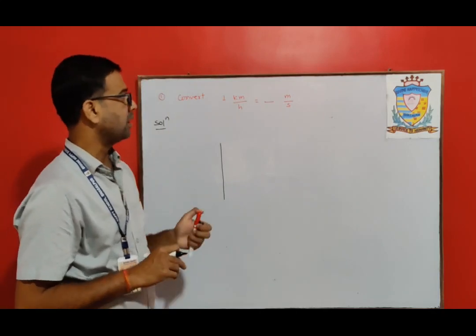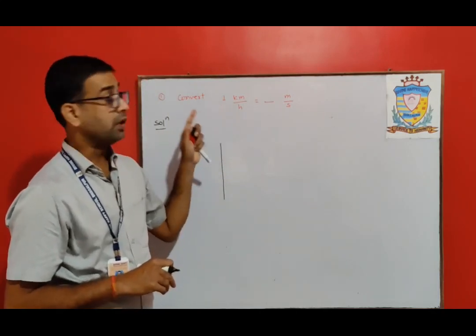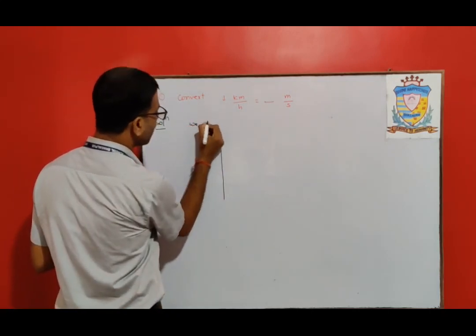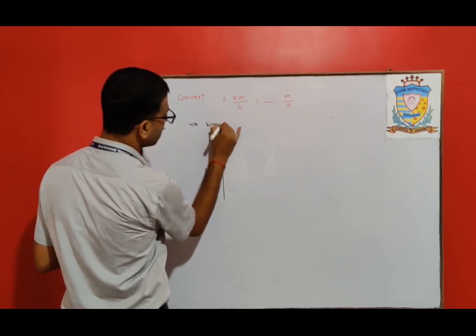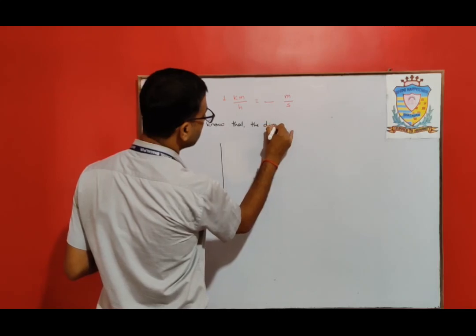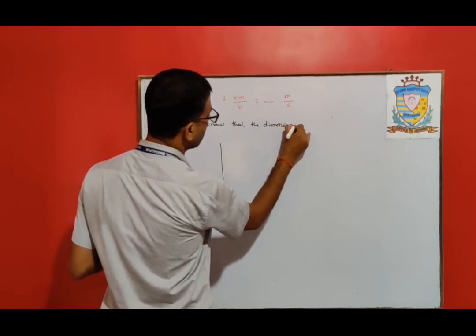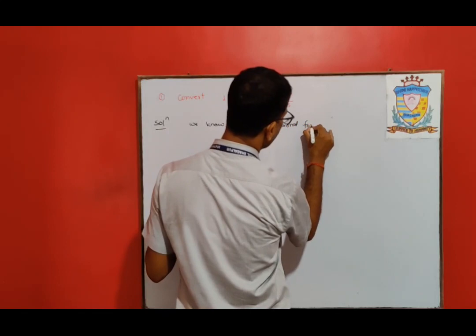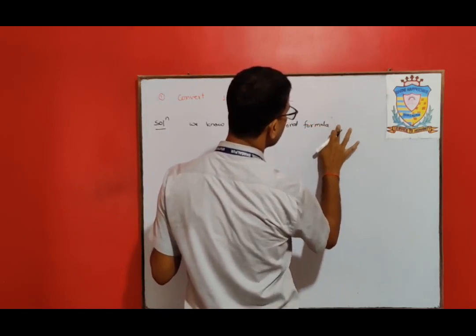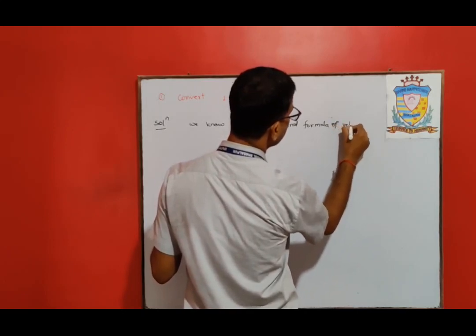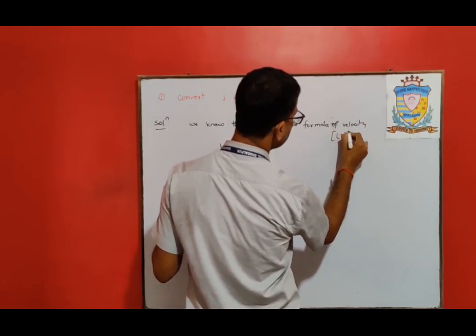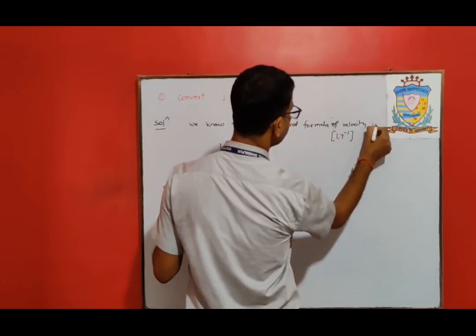So here the quantity that we have to convert is velocity, and we know that the dimensional formula of velocity is L T minus 1.